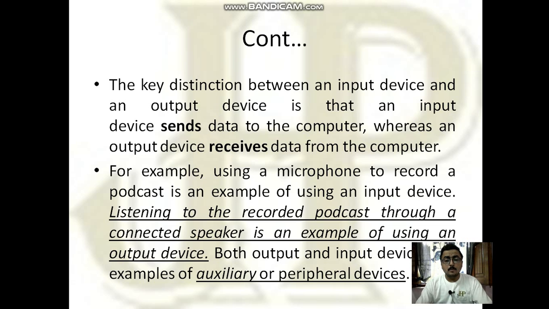Listening to the recorded podcast through a connected speaker is an example of using an output device. And both output and input devices are the example of auxiliary or peripheral devices. Thus, input-output devices are also known as peripheral devices. I think it is very clear to you. What is output devices? So let's start with their types.